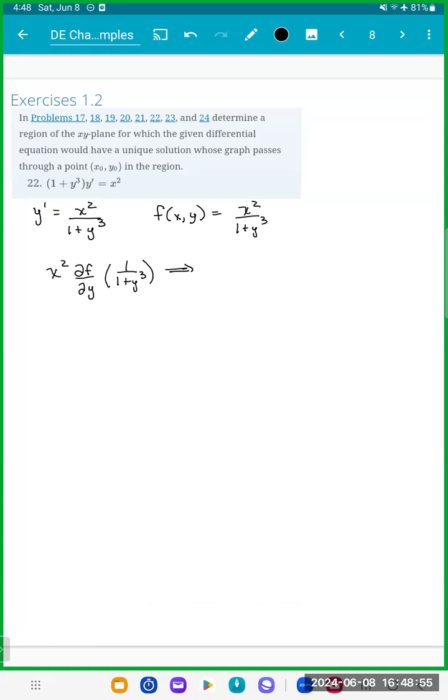So this is going to give me x squared, our partial differential equation with respect to y. And so that is going to, I'm just going to bring this up into the denominator so that we don't have to use the quotient rule.